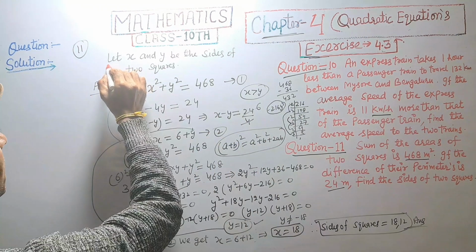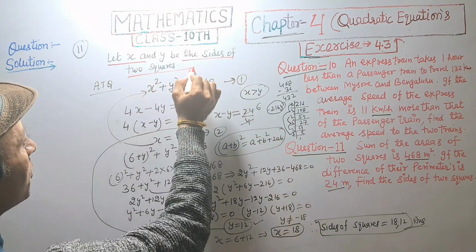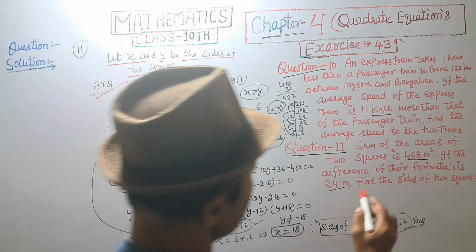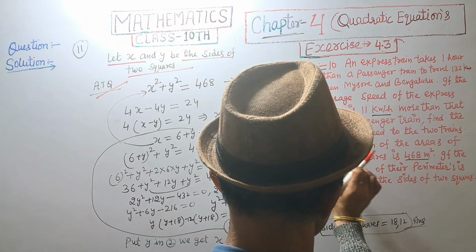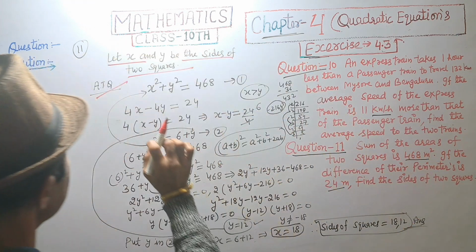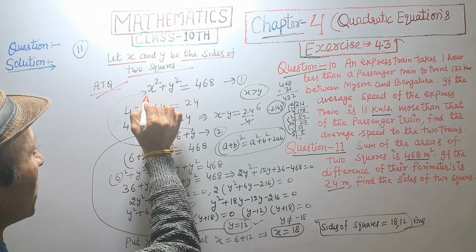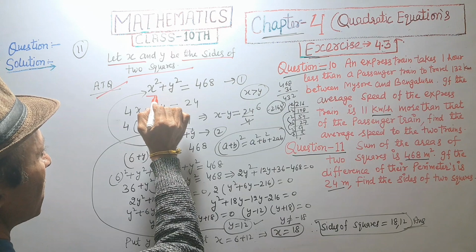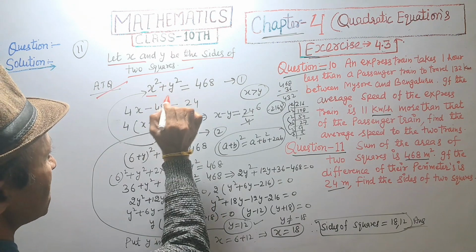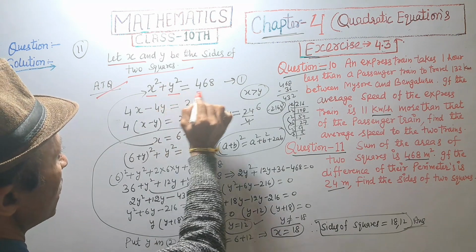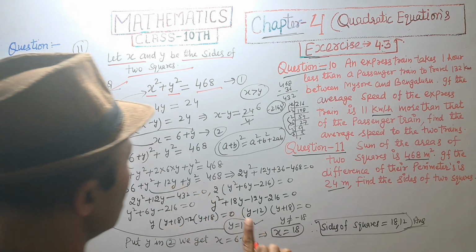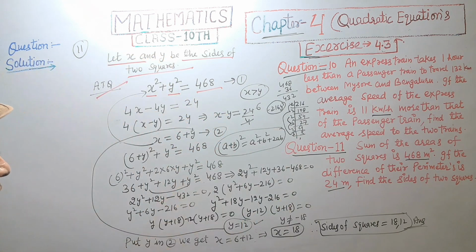Answer. Let x and y be the sides of two squares, and according to the question, the sum of the areas of two squares is equal to 468. Area of a square equal to side squared: x^2 + y^2 equal to 468. That is the first equation.